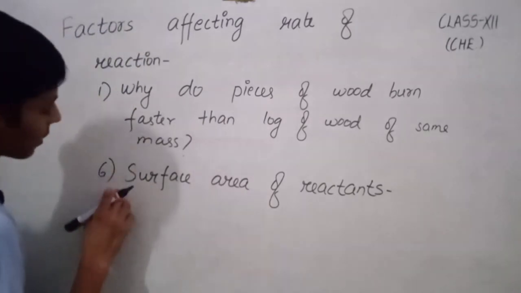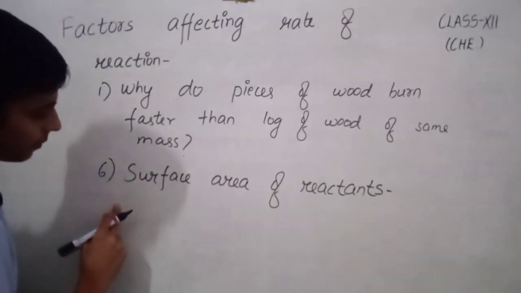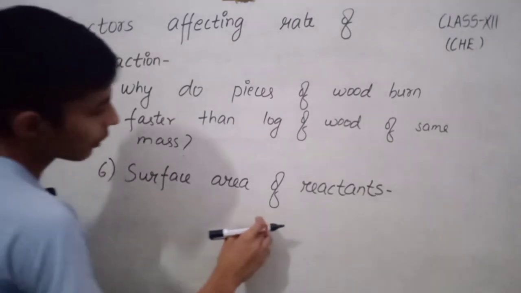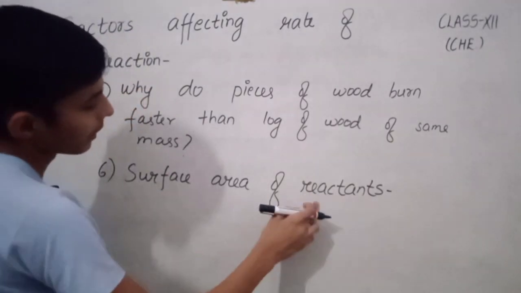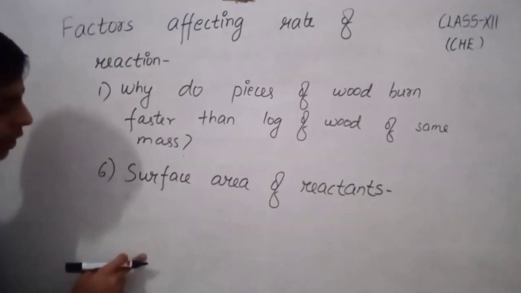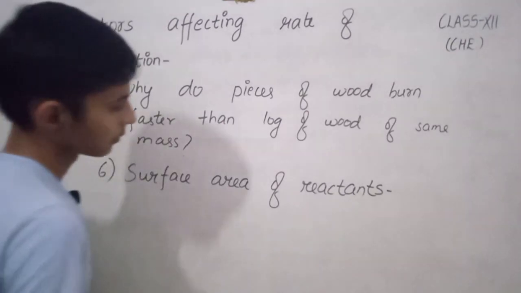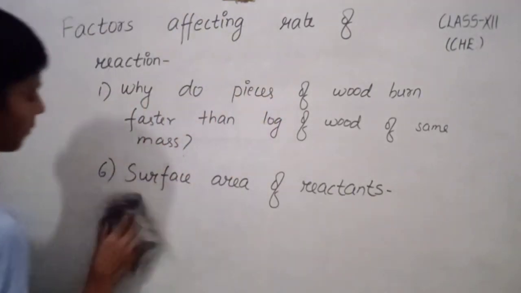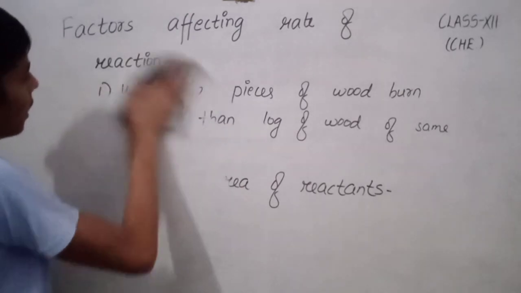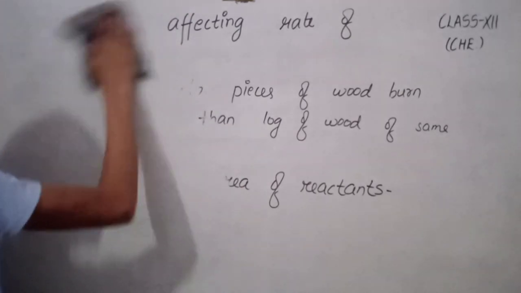So our sixth factor is that if we increase the surface area of reactant, then it will affect the rate of the reaction. So these are 6 factors which affect the rate of the reaction.